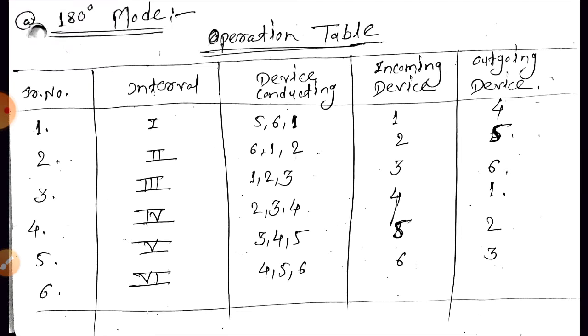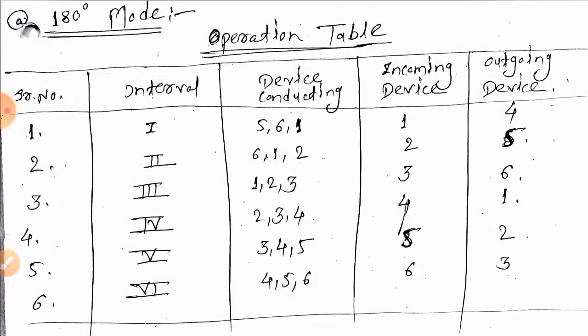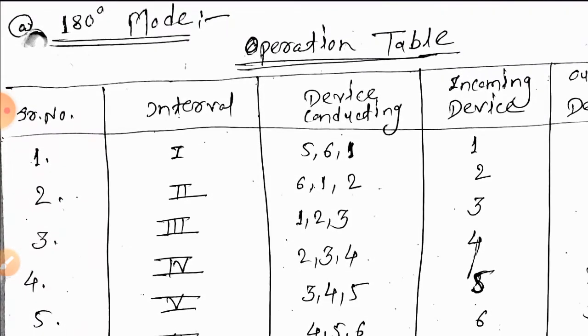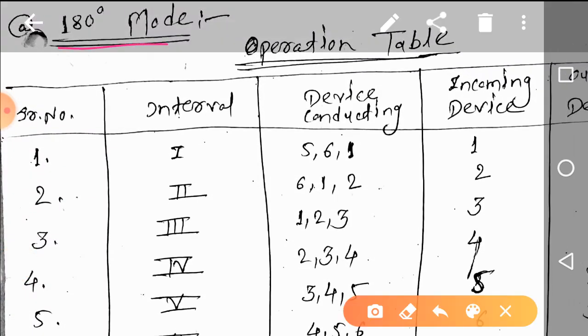In the 180-degree mode, each switch conducts for 180 degrees, and in the 120-degree mode, each switch conducts for 120 degrees. So this is the difference. We are going to discuss these 2 modes. Let us first discuss the 180-degree mode.